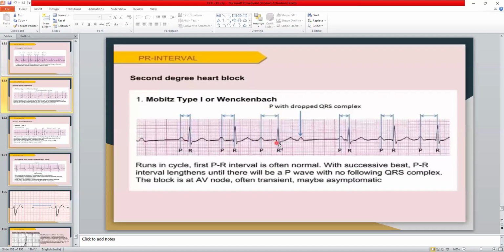It will go on increasing up to a point where there is a P wave without any QRS complex, a missed beat. Again it is normal, again it goes on increasing. Then it is known as second degree, Mobitz type 1.